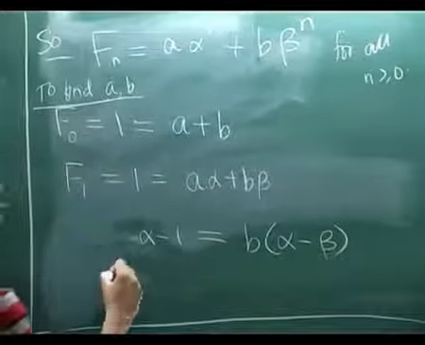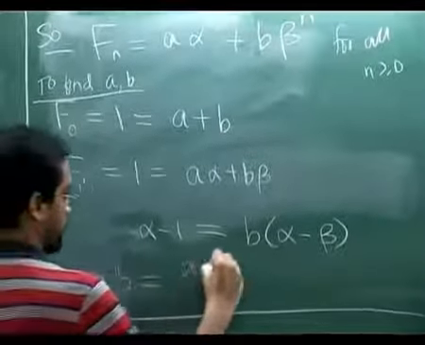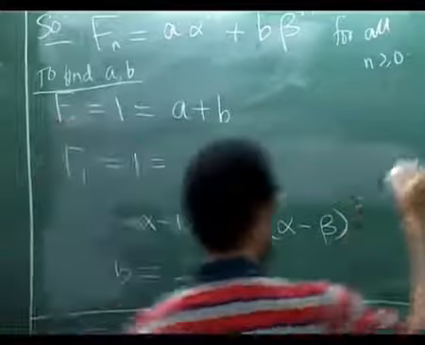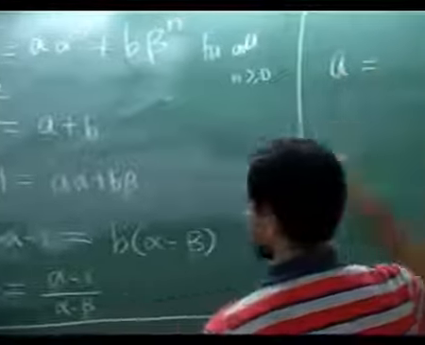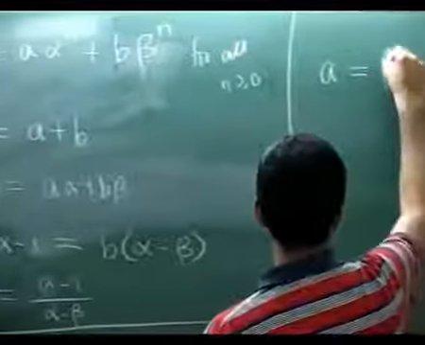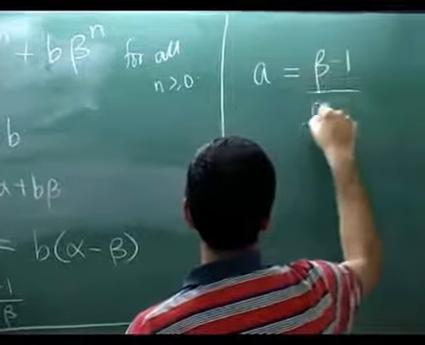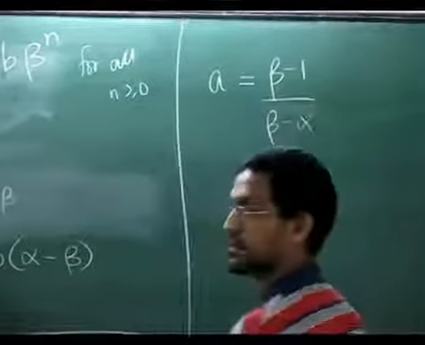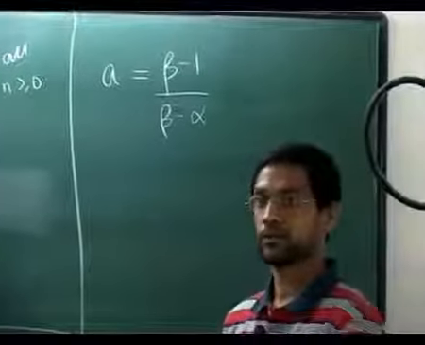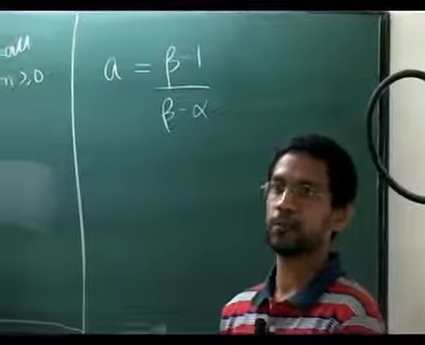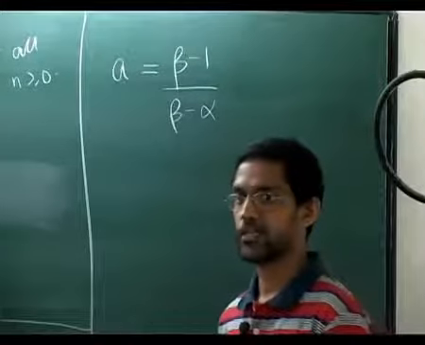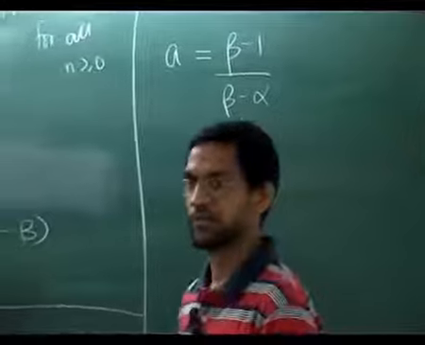So B is alpha minus 1 by alpha minus beta. Similarly for A, let's multiply by beta and subtract. So it becomes beta minus 1 by beta minus alpha. So I don't have to go back and really use the exact form of P. I can find out the constants afterwards by plugging in these values.